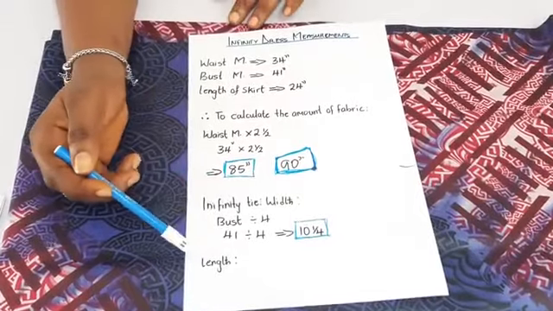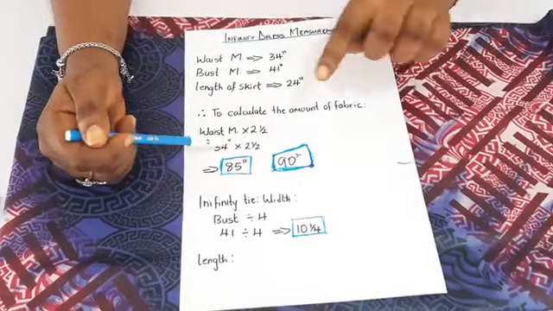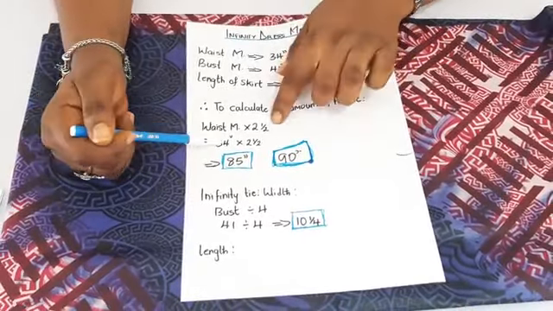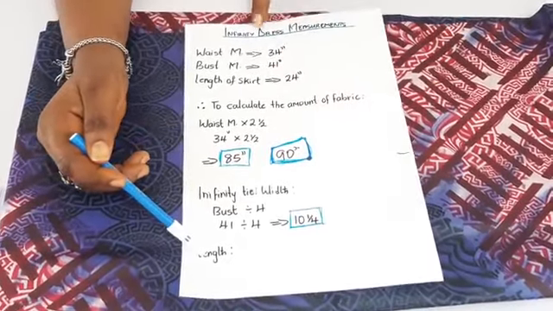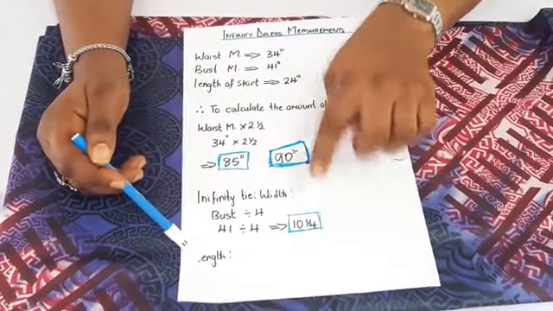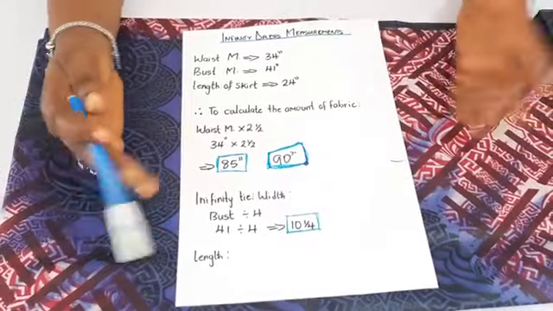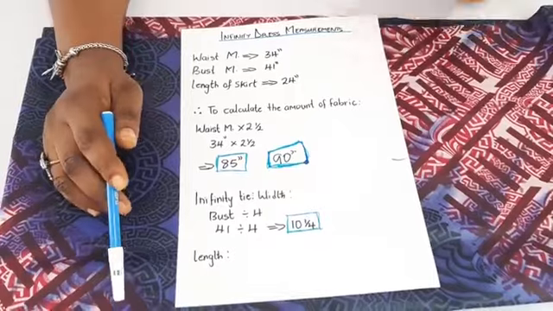So now, to calculate the length of the infinity tie, since I'm making use of 2.5 yards of fabric, I'm just going to make the length 2.5 yards. The width is 10.25, while the length will be 2.5 yards of fabric. So we will still make use of that 2.5. So don't worry about that. I'll teach you how to cut it out.